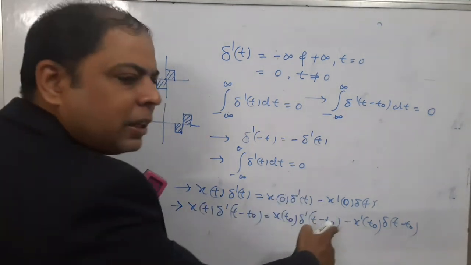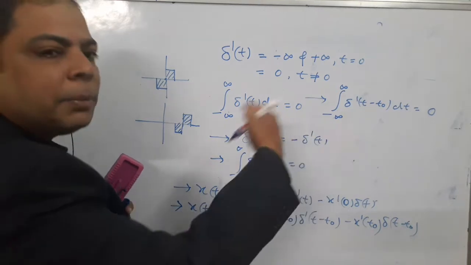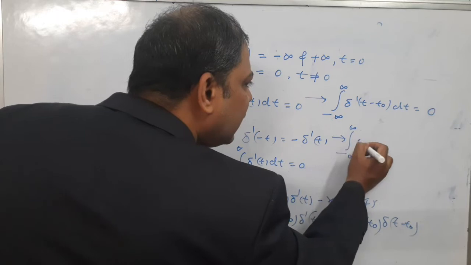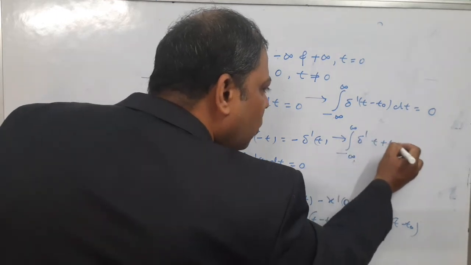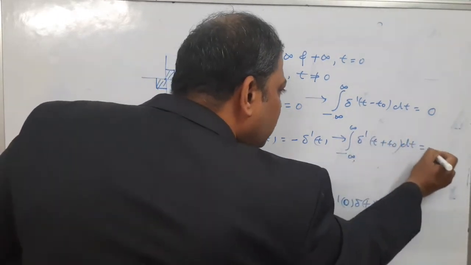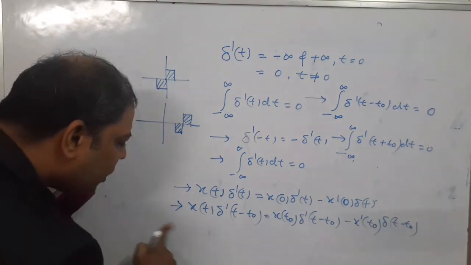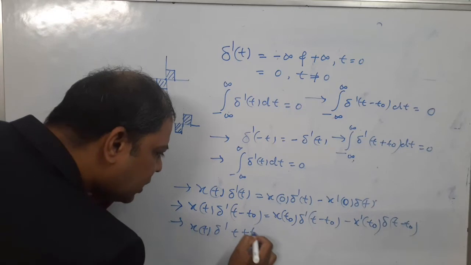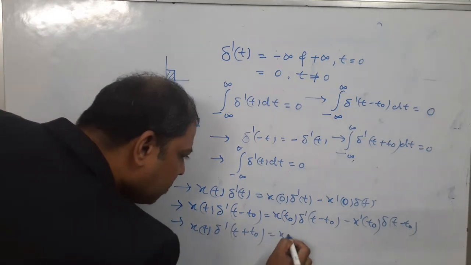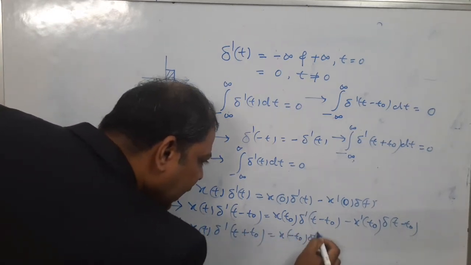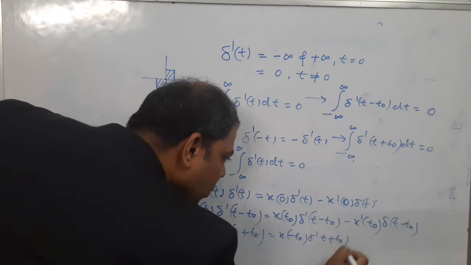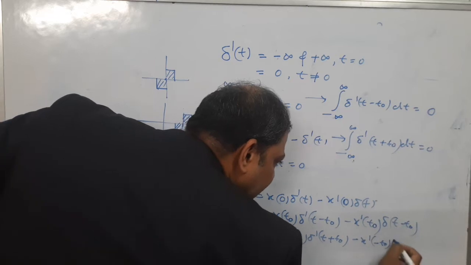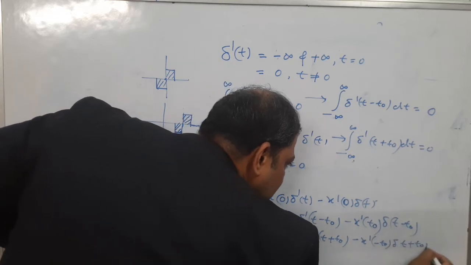Now this is right shifting. Similarly you can use for left shifting. That means here the integral from minus infinity to infinity of δ'(t plus t0) dt is equal to 0. Similarly here you can say x(t) δ'(t plus t0) is equal to x of minus t0 δ'(t plus t0) minus x'(minus t0) δ(t plus t0).